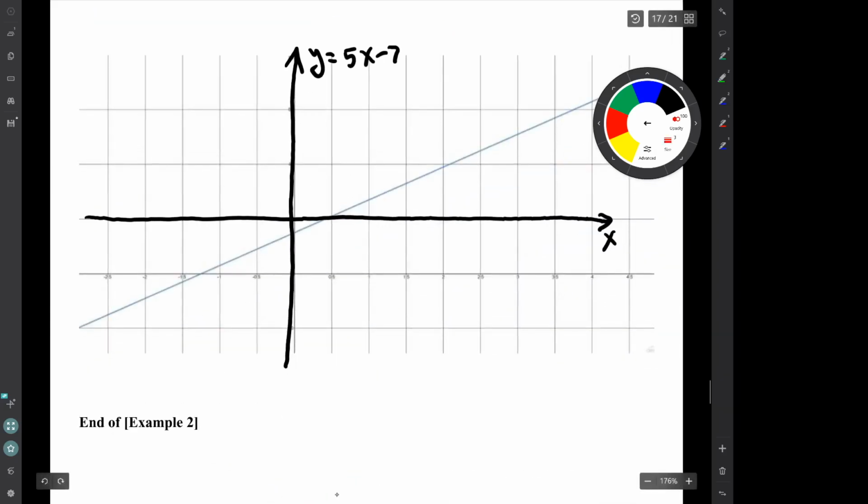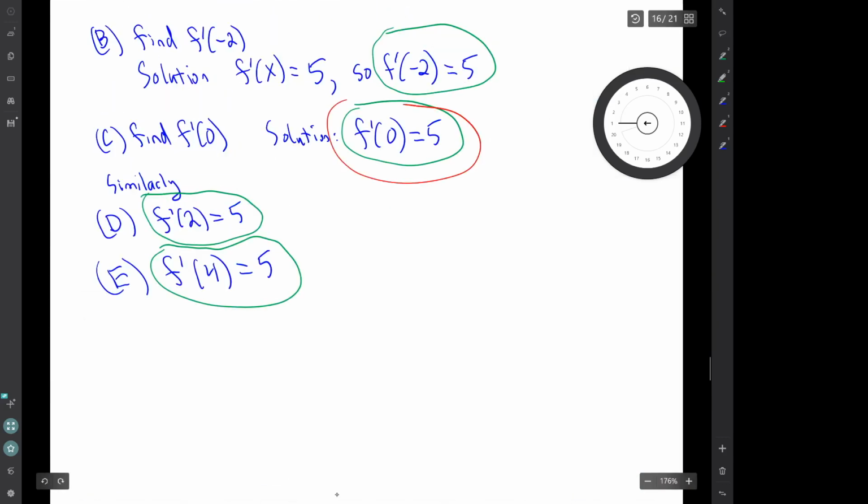The tangent line at x equals minus 2 has slope m equals 5. The tangent line at x equals 0 has slope m equals 5. The tangent line at x equals 2 has slope 5. You get the idea.